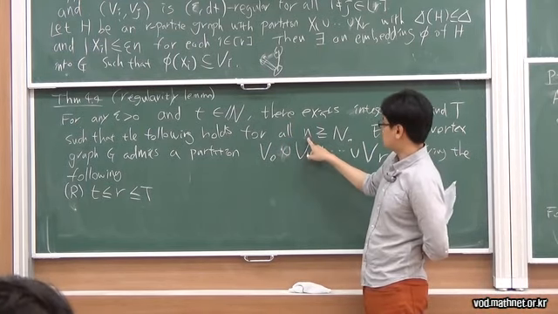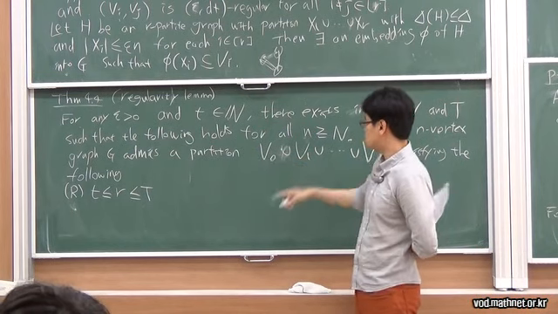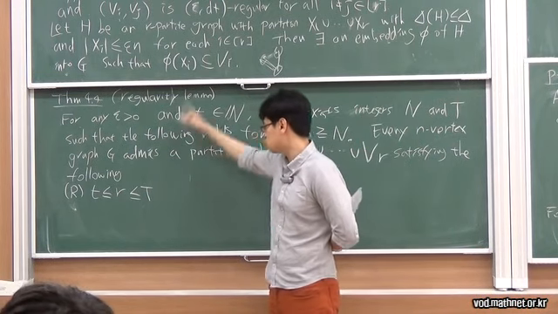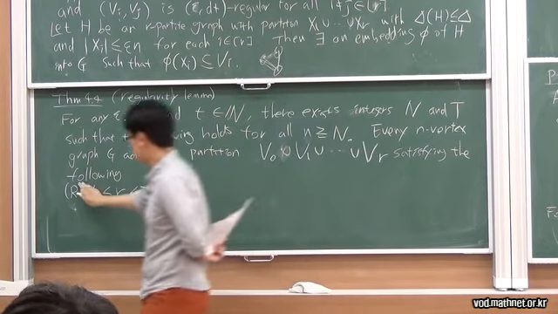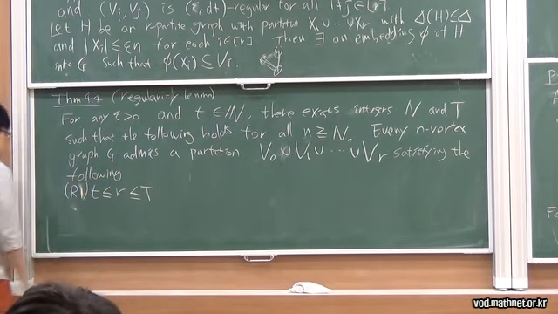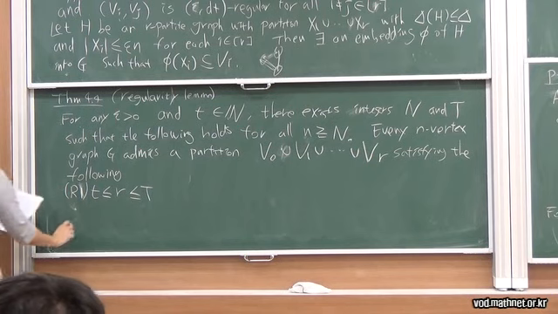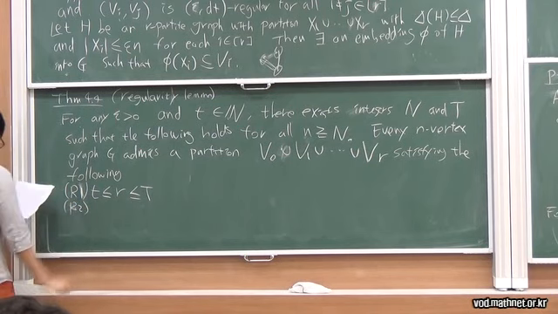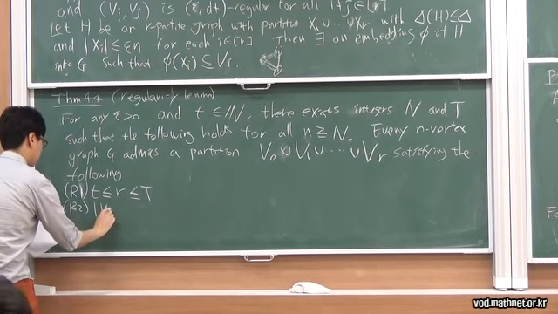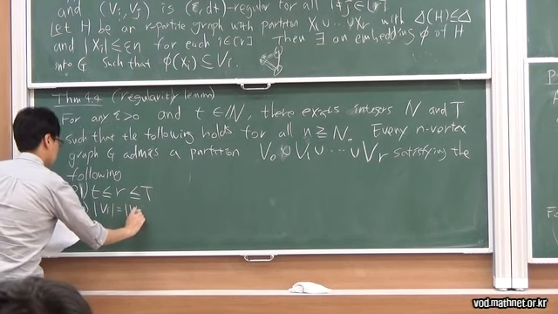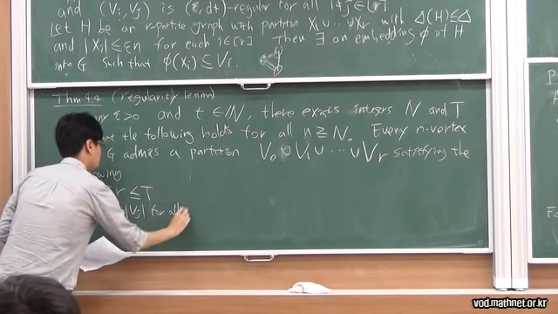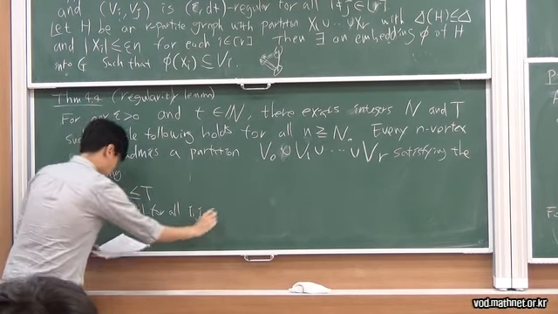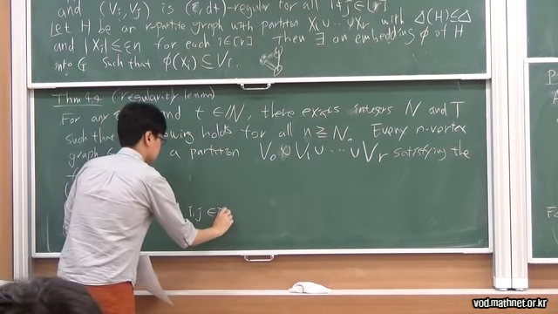So we can make this n much larger than t, t squared, or t to the t to the t to the t. However large n is, let's say this is R1: T is bounded. And R2 is that V sub i and V sub j have the same size for all i, j between 1 and r.